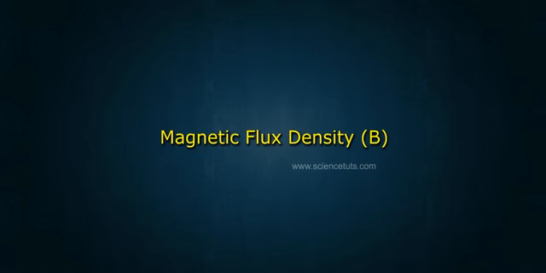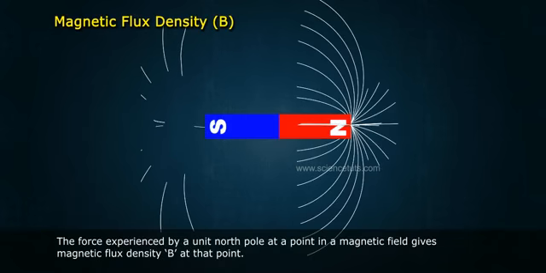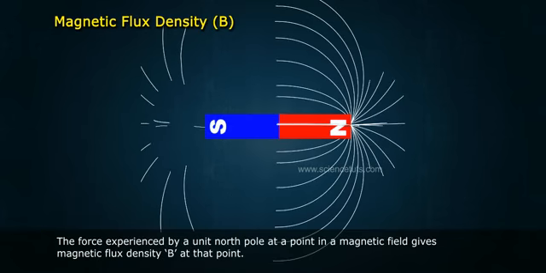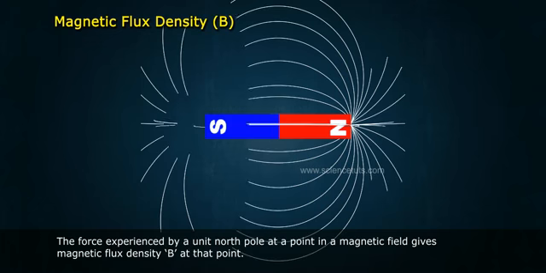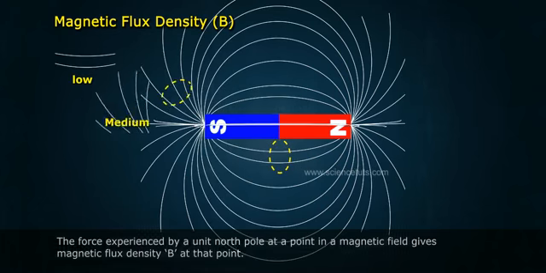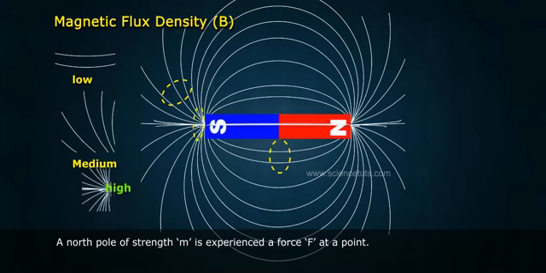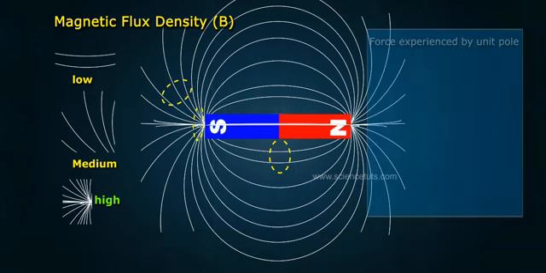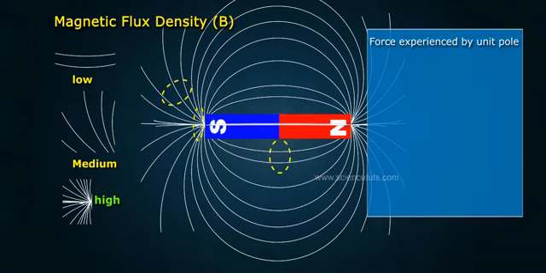Magnetic flux density B. The force experienced by a unit north pole at a point in a magnetic field gives the magnetic flux density B at that point. A north pole of strength m experiences a force F at a point. Force experienced by unit pole is equal to F by m.